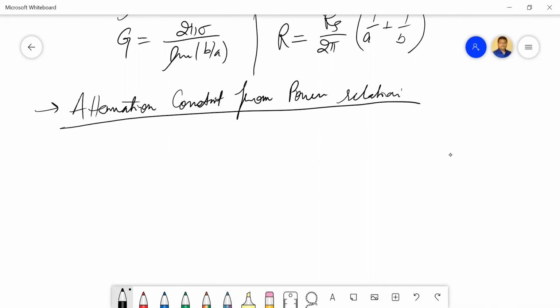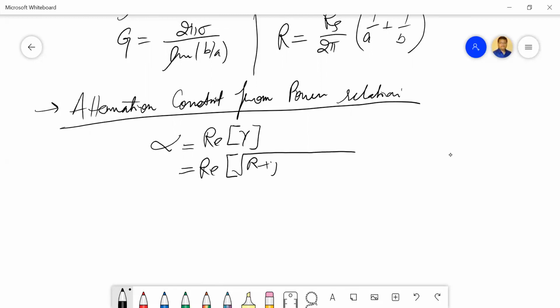Let us define alpha. Alpha is the attenuation constant, and you can easily define it as the real part of gamma. Gamma is the propagation constant. If you expand it, it looks like this: square root of (R plus j omega L)(G plus j omega C). This is what we read in our previous classes.